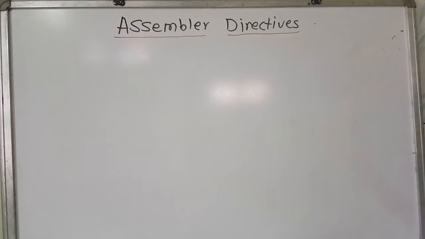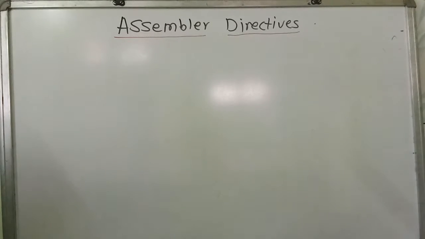In this video, we will cover the next mechanism that is known as assembler directives. Assembler directives instruct the assembler to perform certain actions during the assembly of a program, and they are not executable instructions.